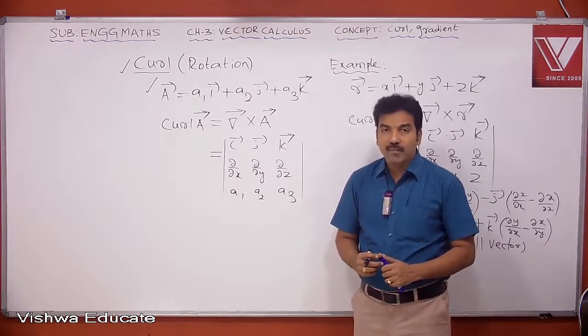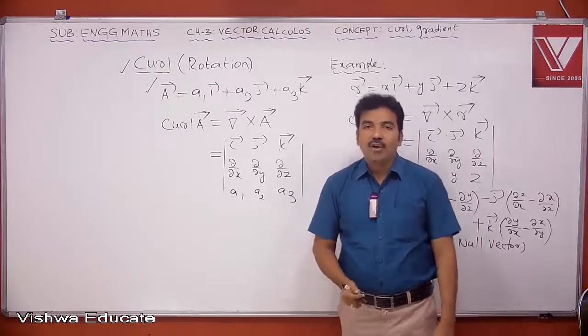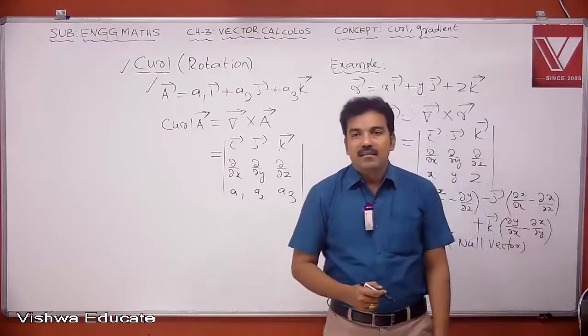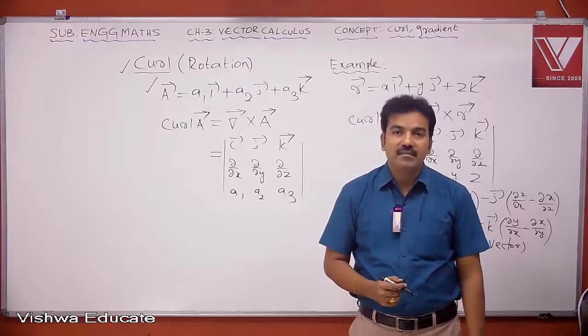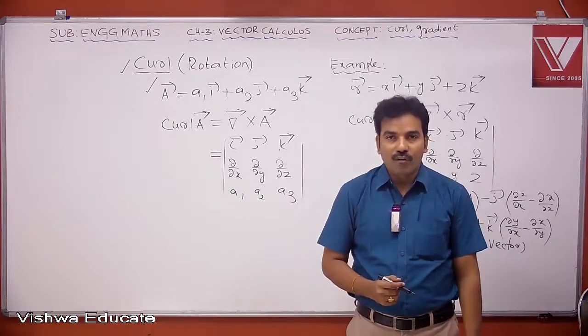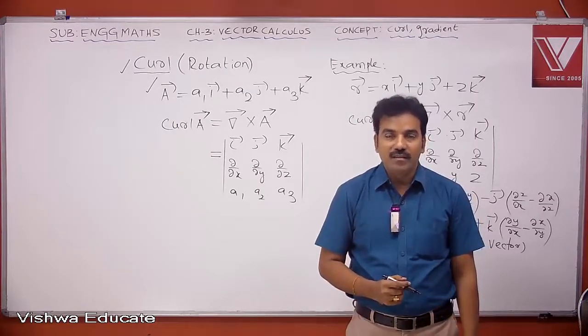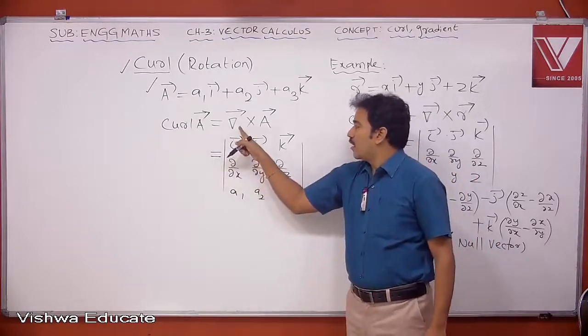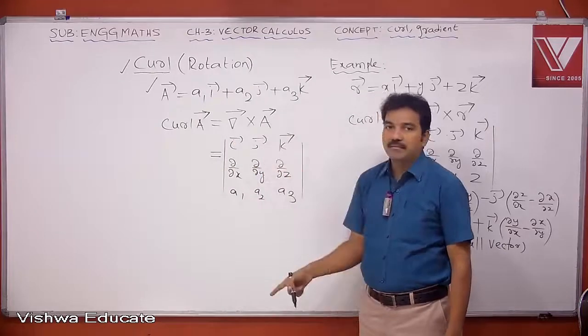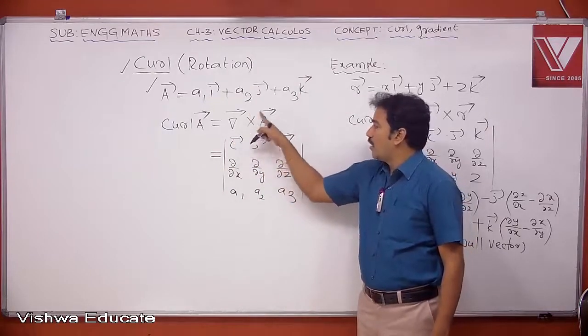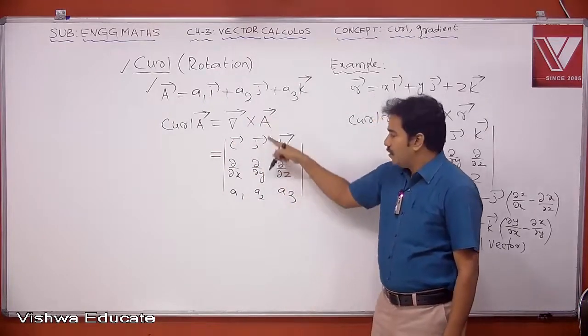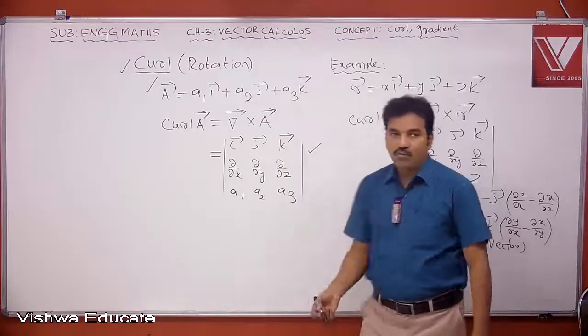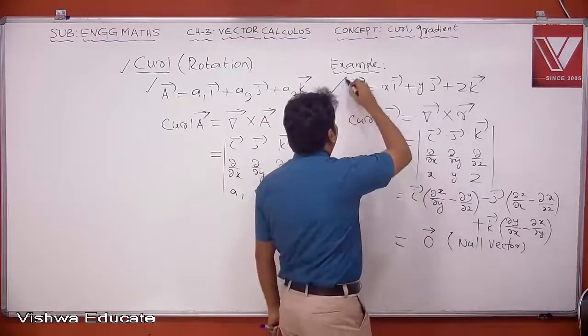So the curl of a bar is denoted and defined as curl of a bar equal to del bar cross a bar. So write this determinant followed by this example.